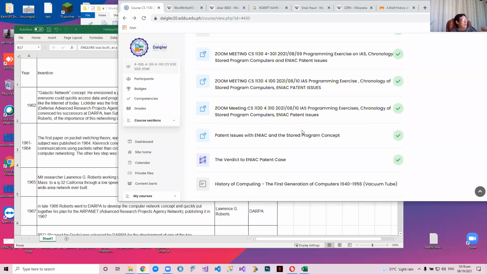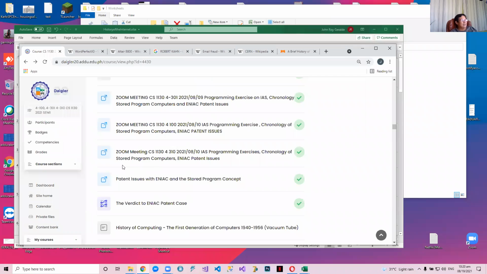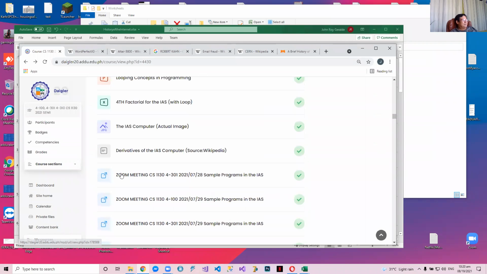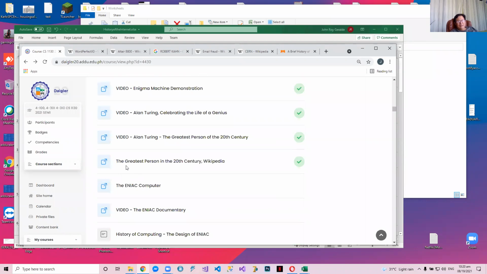IT students should develop a facility for history of computing, because you will need this later. So you know Alan Turing, he will be included. Considered to be the greatest mathematician, the father of theoretical computer science.